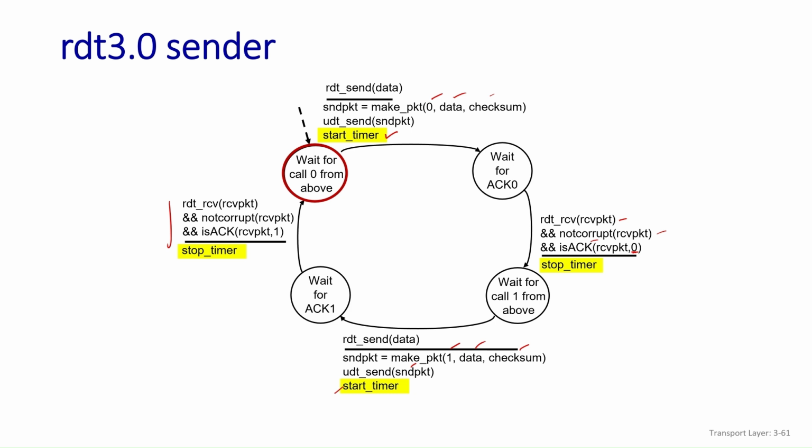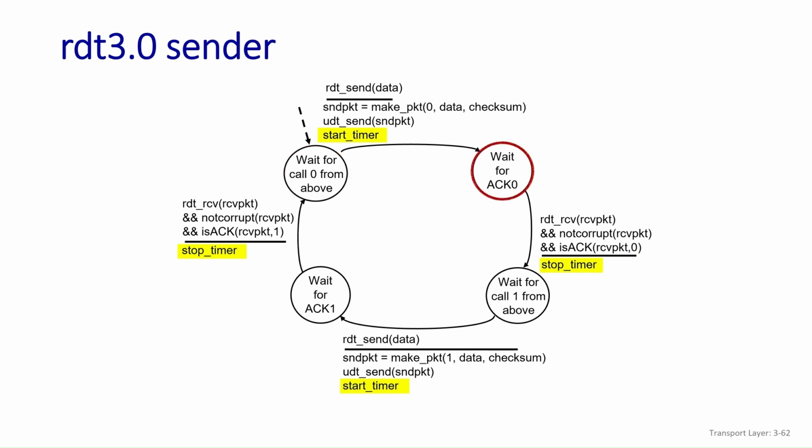So this is a normal implementation. We send a packet and start a timer. Before the expiry of the timer, we receive the expected response, the acknowledgement 0. Then we make a transition from wait for ACK 0 to wait for call 1 from above, and stop the timer, and so on.